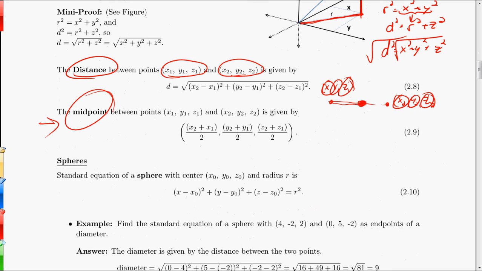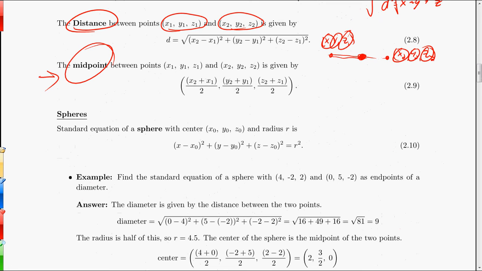Alright, and so now that we have the formula for the distance between 2 points, I define a sphere. It's pretty easy. If you remember the circle from 2D geometry, it just looked like this, right? And so in 3D, we're dealing with 3 variables, x, y, and z, so we get a formula that has a z term. Basically what that means is that a sphere is really just the collection of all points that are equidistant from the center.